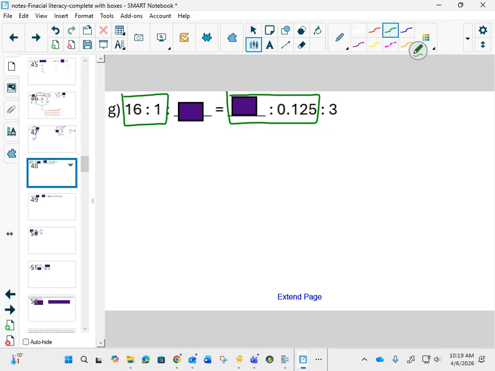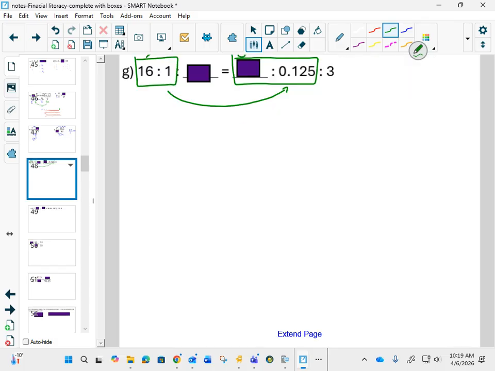So what's happening? How do I go from 1 to here? Because it's going to be the same thing when I go from 16. Going from 16 to this has to be the same as going from 1 to 0.125.